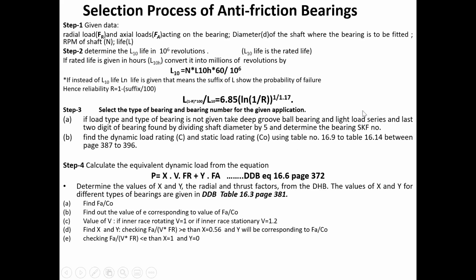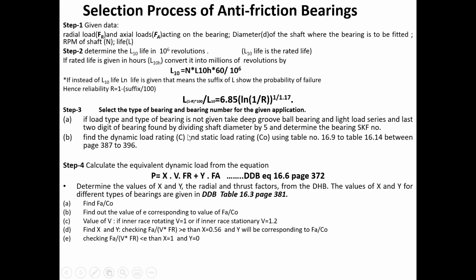So for the bearing number, the first selection is the type of ball bearing, that is we have taken deep groove ball bearing, and for the second number we will increase the load series, that is 3. Then the number will be 63, and the last two digits will remain the same because the diameter is the same. We will take 09. So now the next bearing which we will select is 6309.